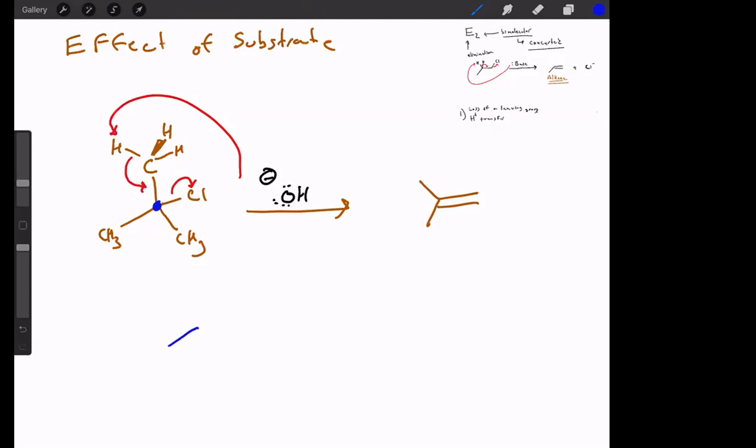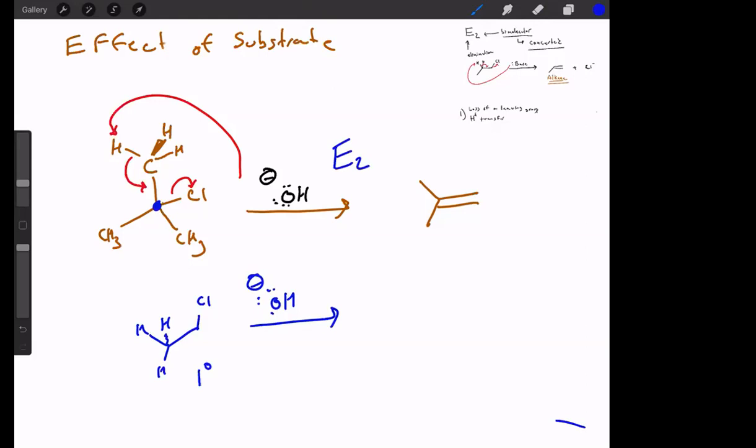Does that mean that there's a problem with an E2 reaction happening when it's primary? No. There's no problem there either, because these hydrogens are still not hindered. So substrate effects are quite different with an E2 reaction in the sense that there aren't as many substrate effects on an E2 reaction.